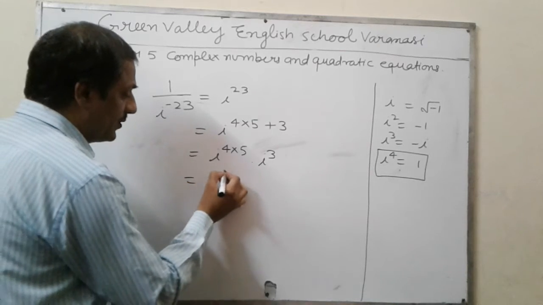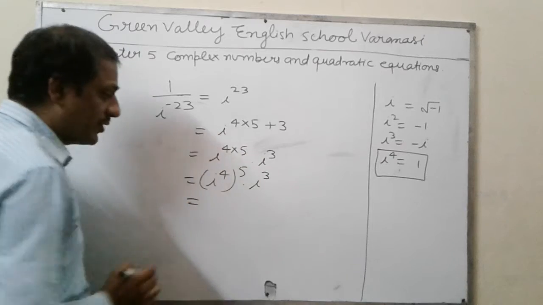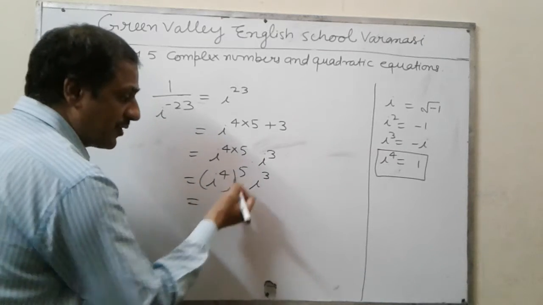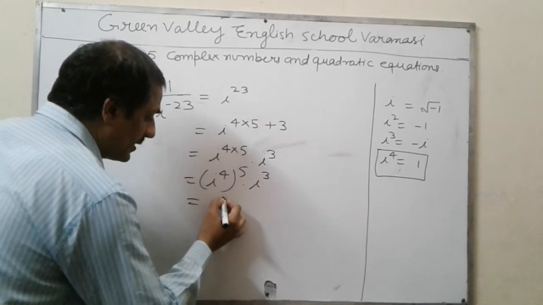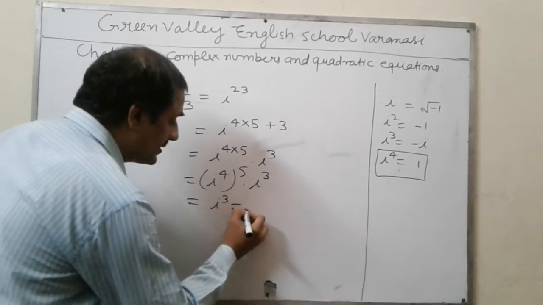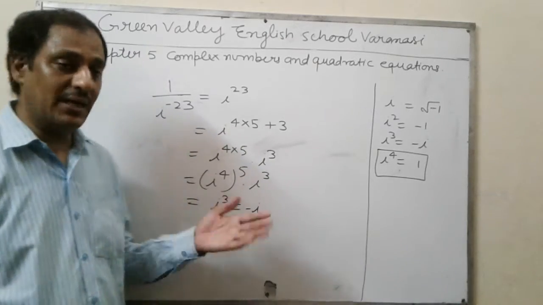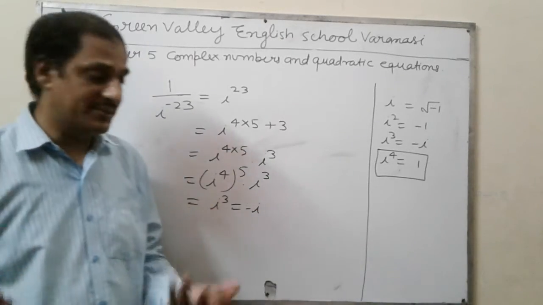Here i power 4 to the power 5 into i to the power 3. i power 4 is 1, 1 to the power 5 is 1, times i cube. And we know that the value of i cube is minus i. Similarly, we can find the other values of i to the power something.